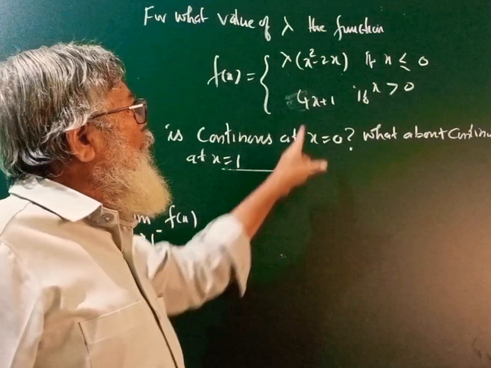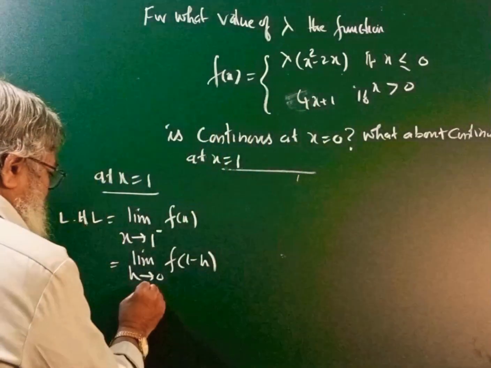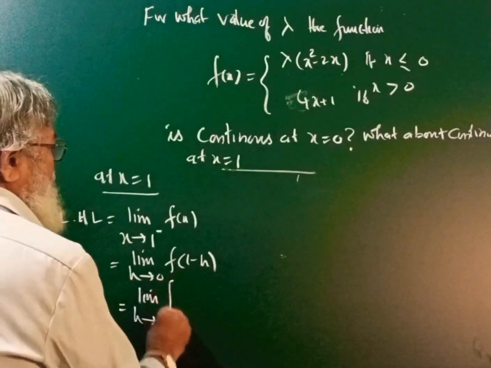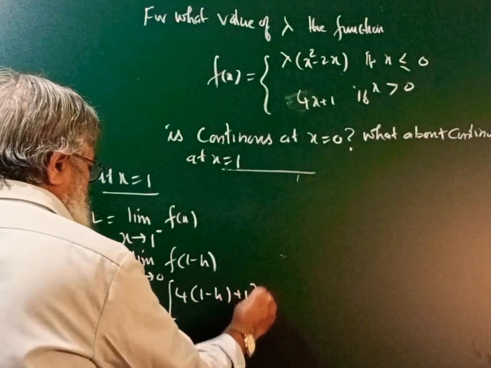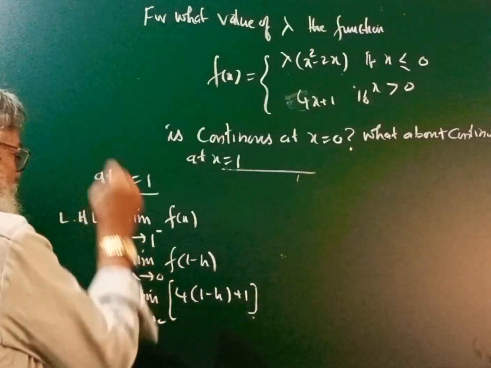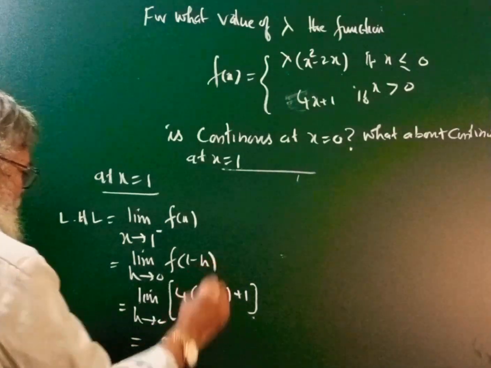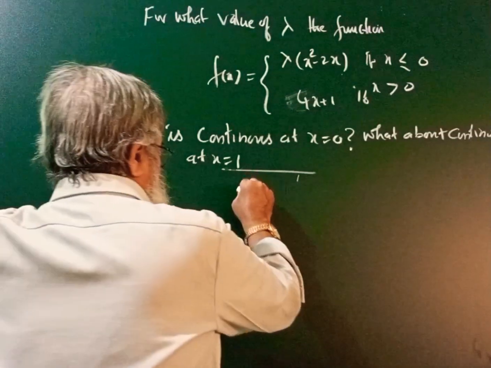So only this condition is admissible. So we take limit h tends to 0 of 4 into (1 minus h) plus 1. If we simplify, 4 plus 1 will be equal to 5.